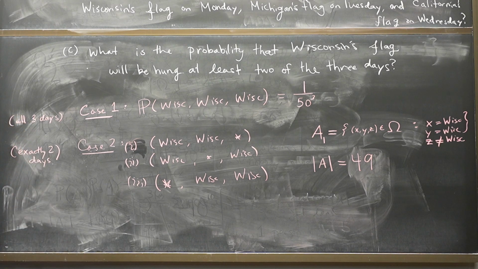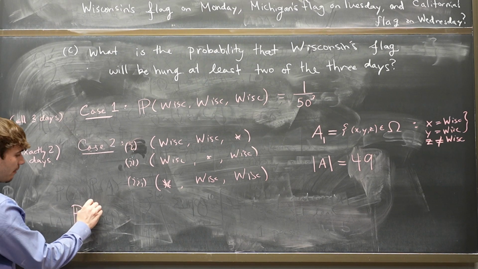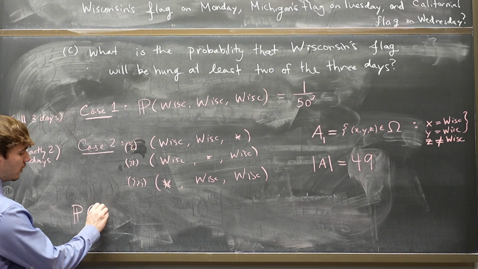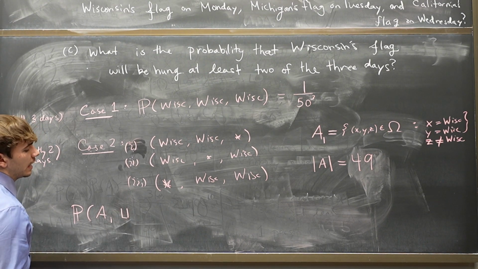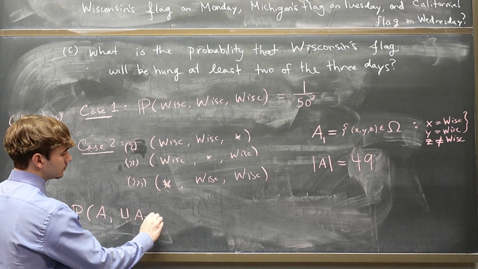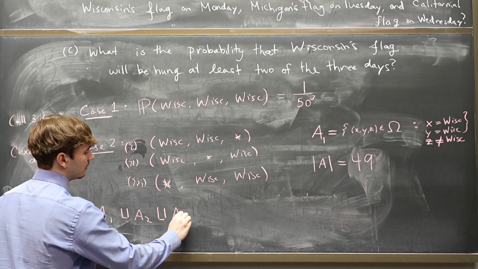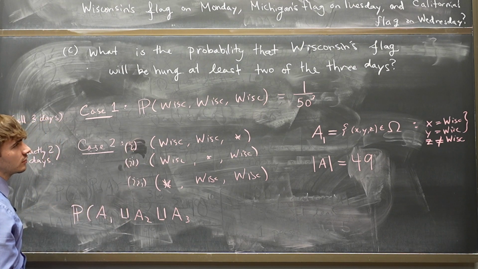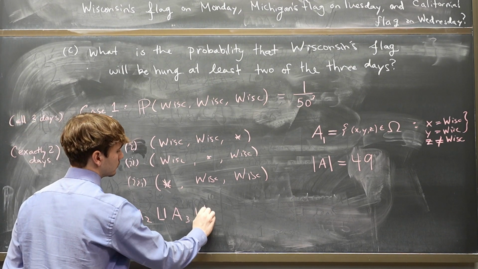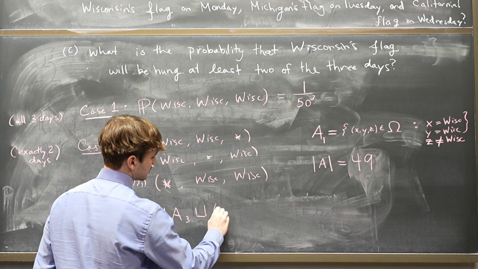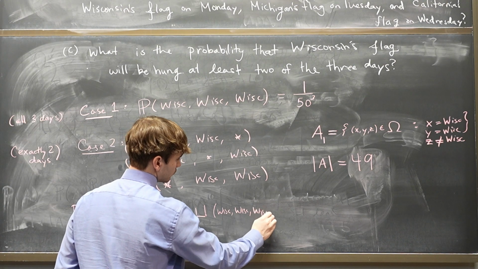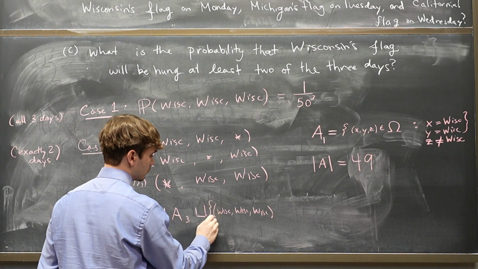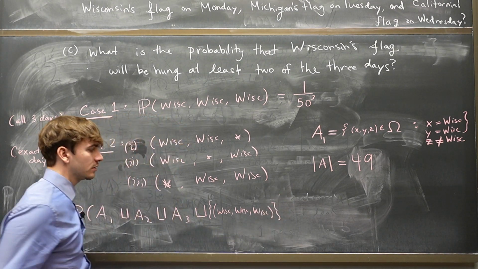Then the probability that Wisconsin's flag is hung on at least 2 of the 3 days is precisely the probability that either A1 happens, or A2 happens, or A3 happens, so one of these three cases, or we hang Wisconsin on all 3 days. And this is a singleton event.